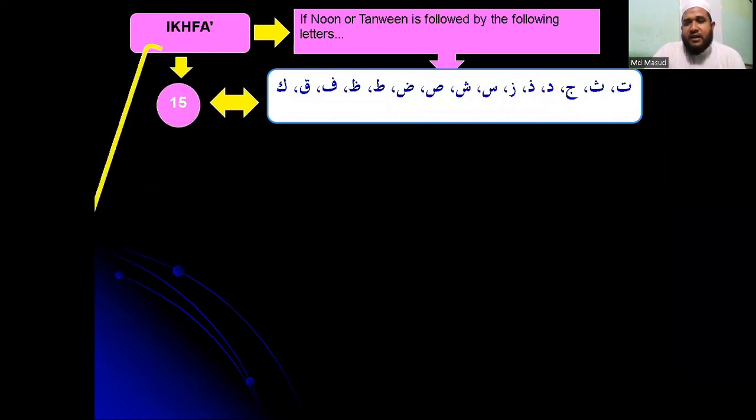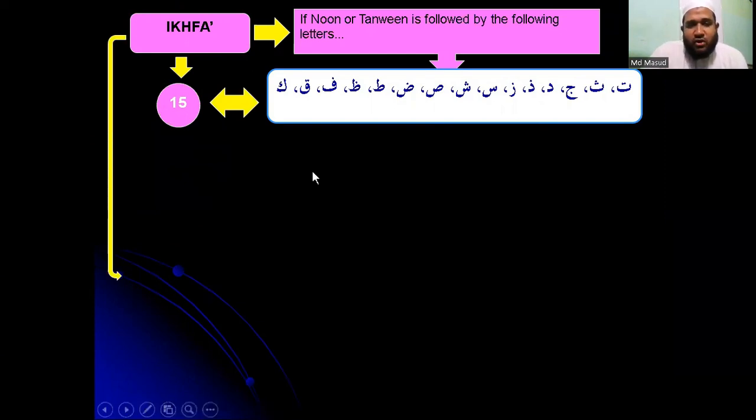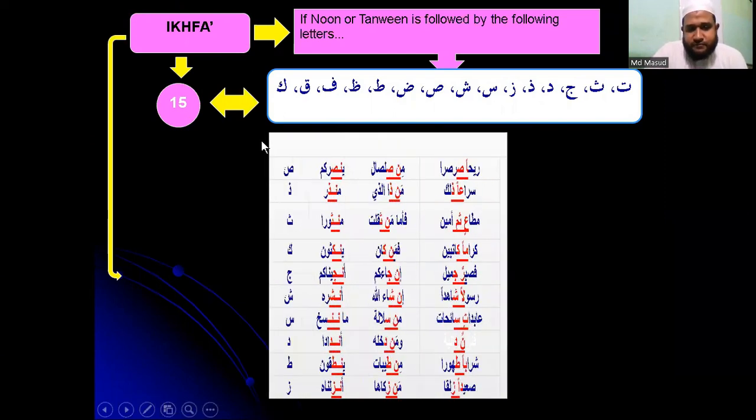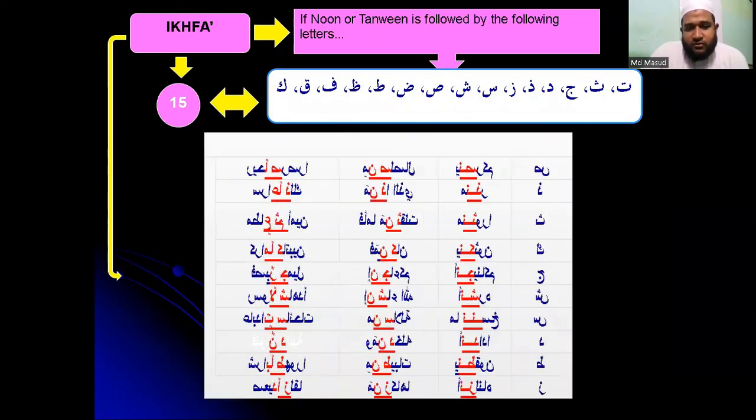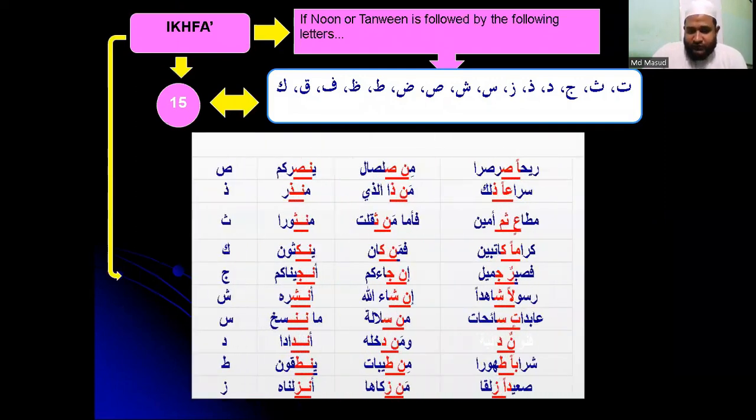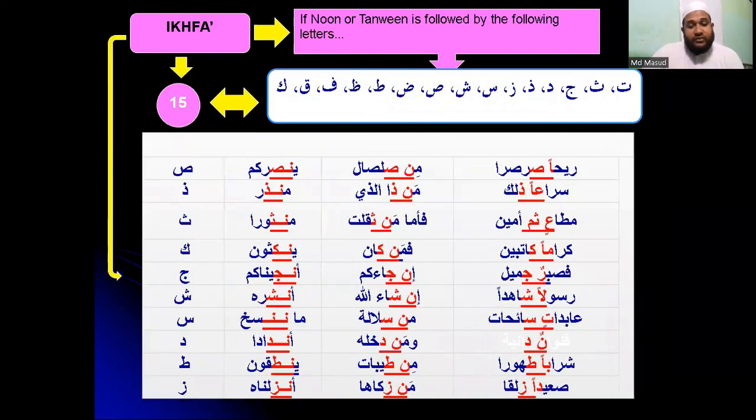They are ta, tha, jim, dal, za, sin, shin, sad, dad, ta, za, fa, qaf, and kaf. So when Noon Sakin or Tanween is followed by these letters, we must pronounce this letter with the rule of ikhfa.